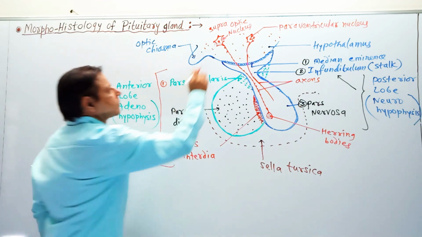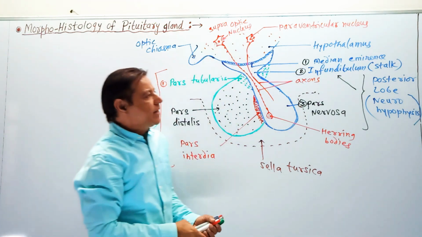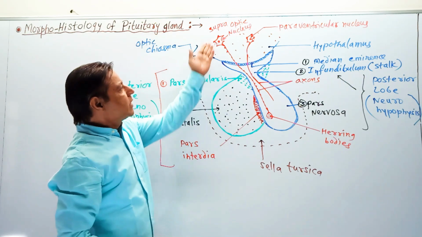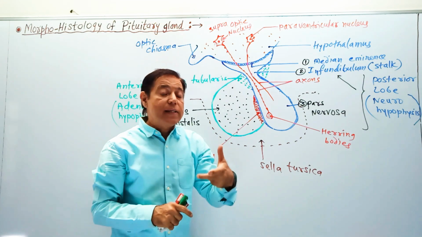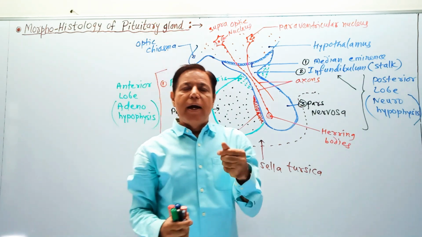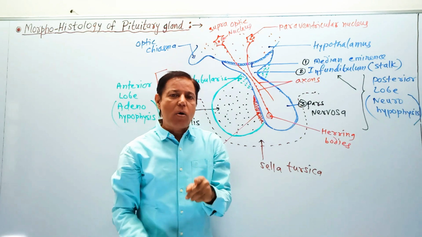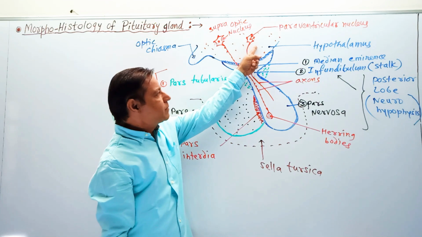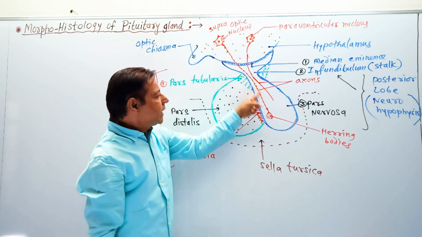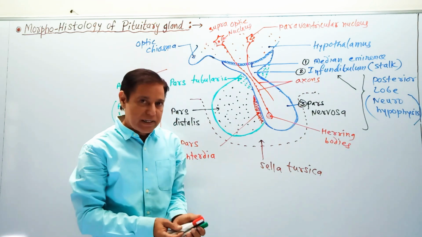Both are neurosecretory cells. They are nerve cells modified so as to secrete hormones. That is why they are called neurosecretory cells. And these two types of cells secrete two hormones, oxytocin and vasopressin, or ADH.